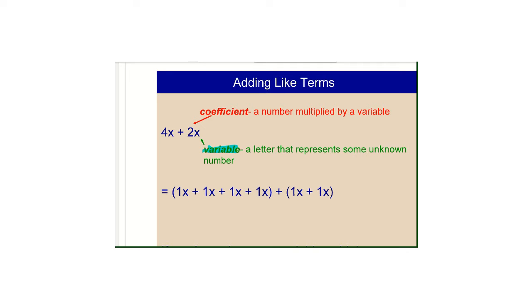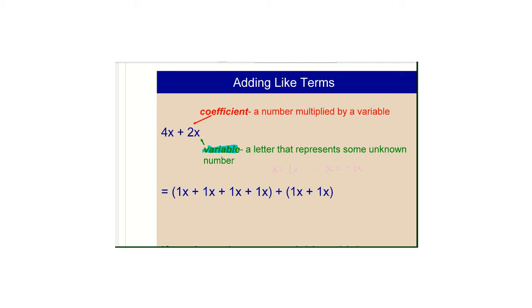So, for example, if x equals 3, then this would be 4 times 3 plus 2 times 3. Okay? Now, 4x actually means x plus x plus x plus x. And you can write that with a 1 in front of it because x is the same thing as 1x. Negative x is the same thing as negative 1x.